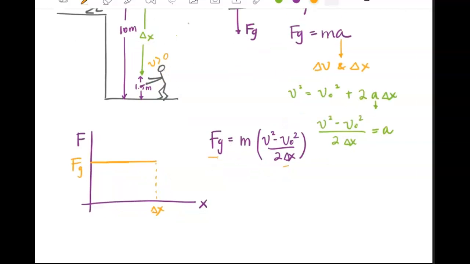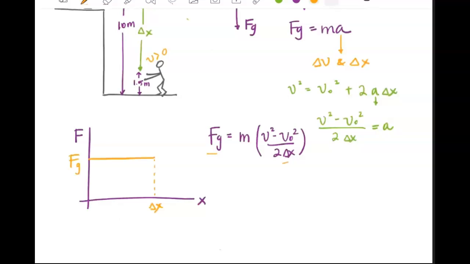So if I take the delta x and multiply it by both sides, I would have this force, and I'm going to drop the g just so I can be general, like whatever the net force is. It could be the gravitational force, it could be some tension force, it could be a frictional force that's the net force. Just going to be general here.